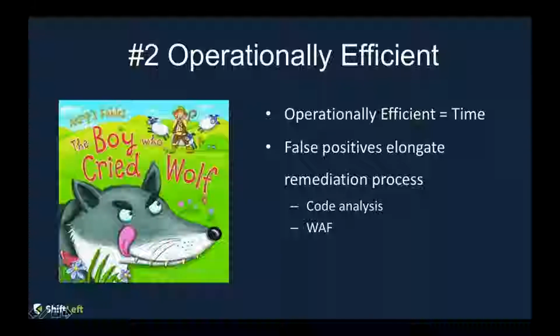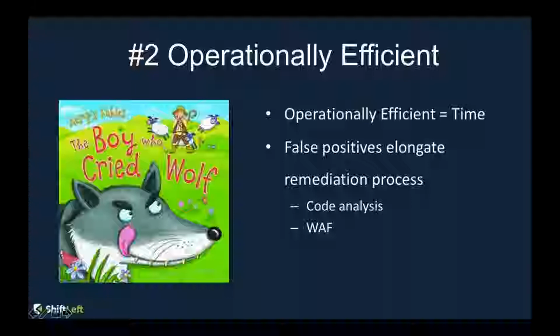Operationally efficient. The key challenge with traditional solutions was the amount of false positives they generated and the amount of effort it took in terms of time and money to sift through those false positives to get to the most critical issues that need to be addressed, and then to minimize the time it took from understanding what those issues were to the time it took to fix those issues.